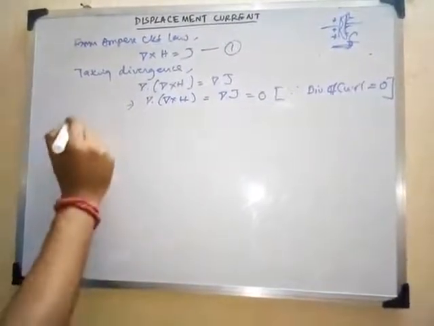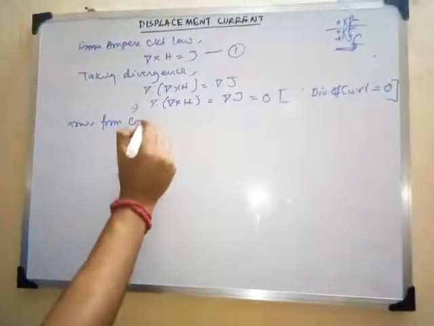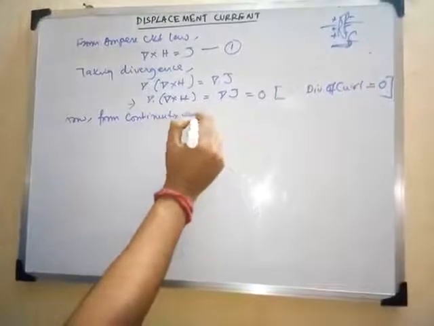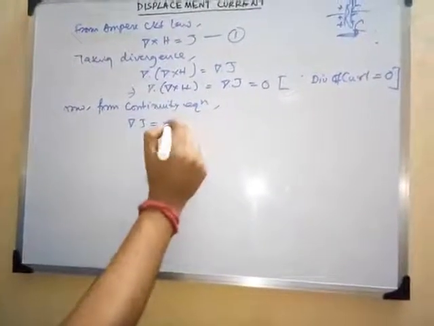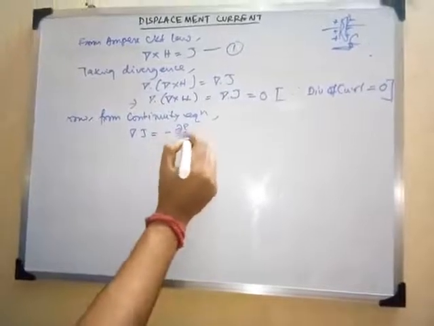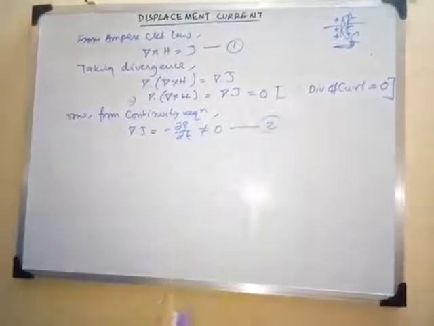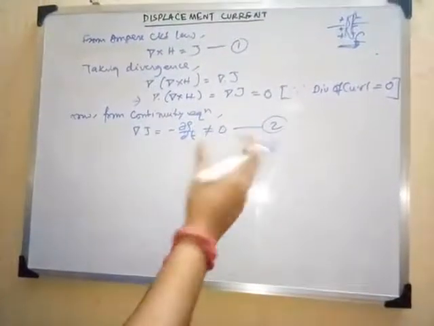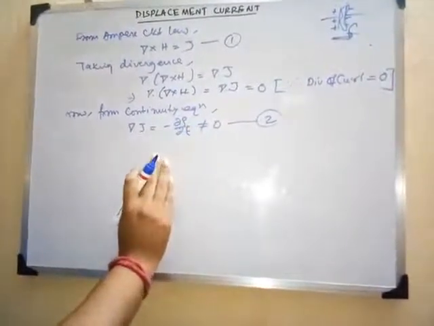Now from the continuity equation that we did in our previous class, we can write del dot J equals minus del rho by del t, which is unequal to 0. This is for the case where there is some volume charge present, and this rho is the volume charge density, which we have already discussed.